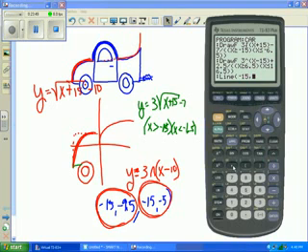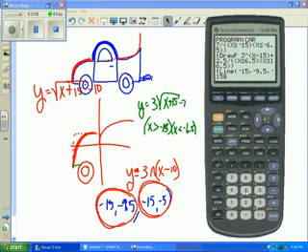So negative 15, comma, negative 9.5 was the first endpoint, comma, negative 15, comma, negative 5 was the second endpoint. Okay, let's see what that does.